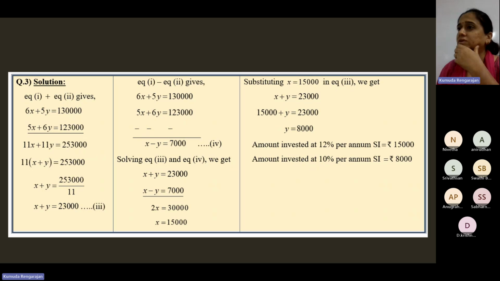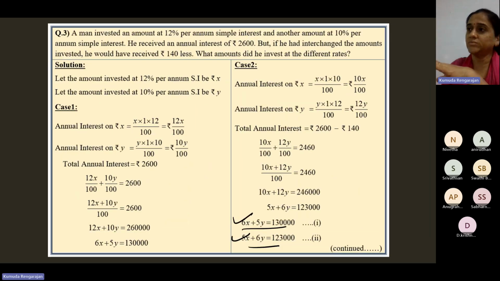Anything to clarify, children? You cannot use this method for any two equations. Now, the other thing is you can also solve these two equations in the regular method by elimination or substitution method. Not that you should solve it only by this method, by adding and subtracting.